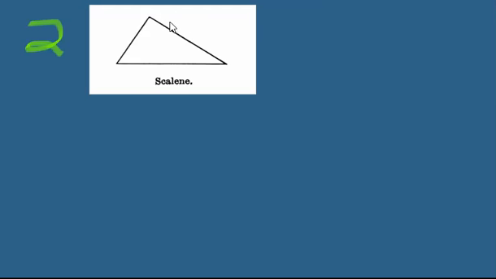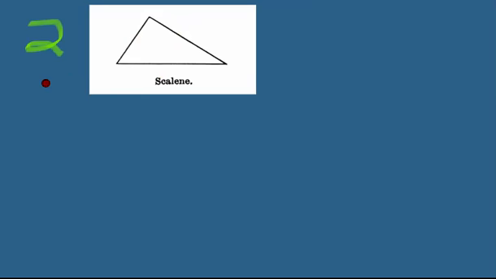If you pull the word scale from scaling, scales don't all have the same weights. So scale is the term that you should be using for that. So scalene triangles do not have any marks because none of their sides are equal.